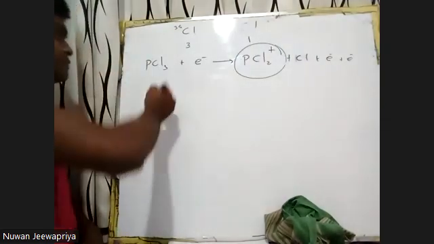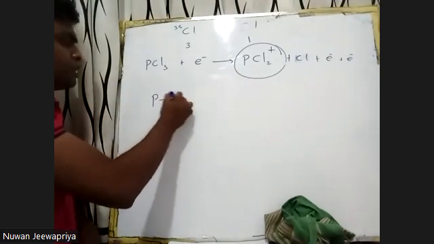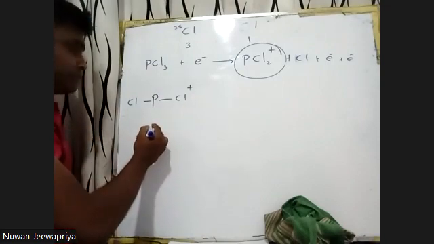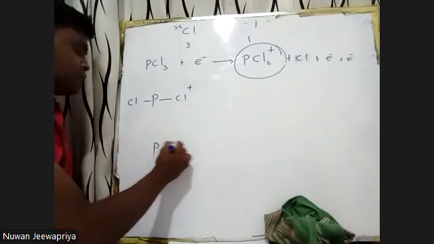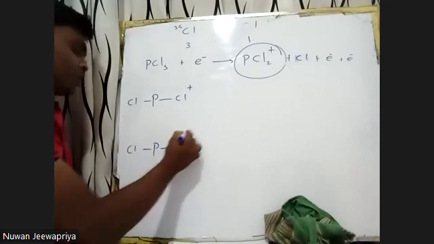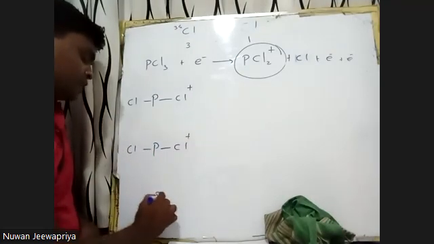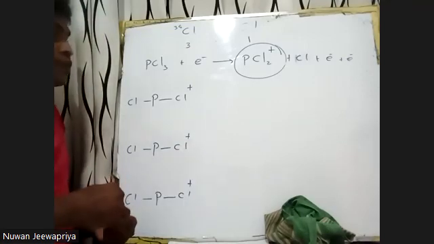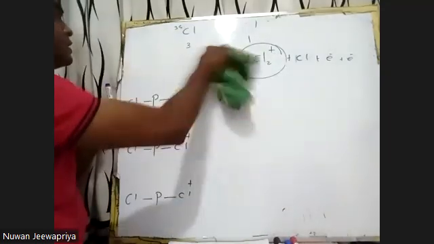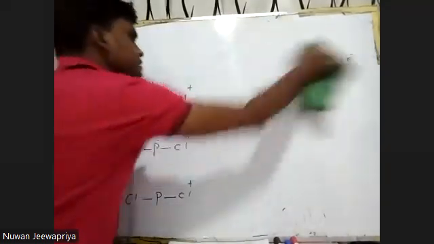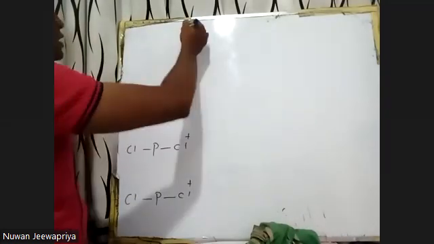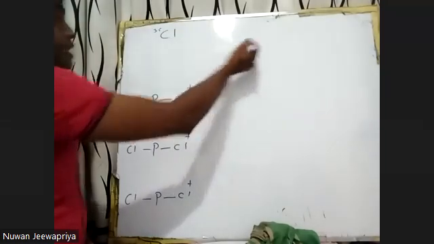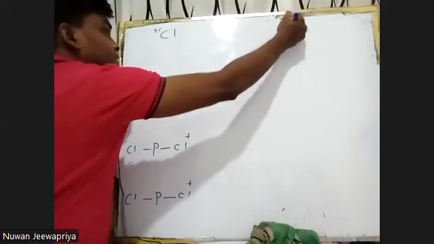So we consider phosphorus, chlorine, chlorine plus. When I consider the chlorine 35 to 37 isotope ratio, chlorine 35 is one type and chlorine 37 is another type.